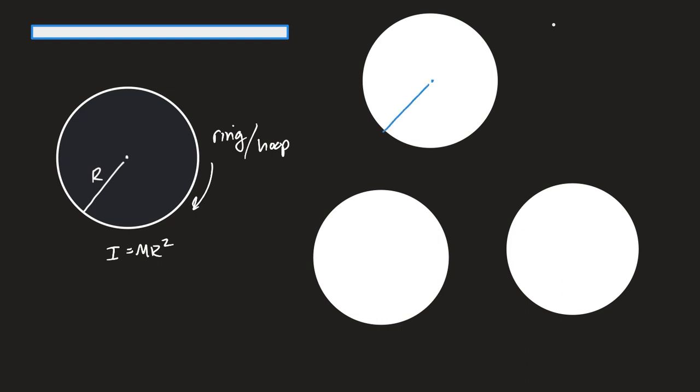So this is a thin or thick disk. So it doesn't matter whether it's a really thin disk like a CD or a record, or if it's a can like a soup can, but soup won't work because it's got a liquid inside. So something that's solid, a solid cylinder. If you're rotating about its center, it's still going to be the same moment of inertia, which is 1/2 mr squared.